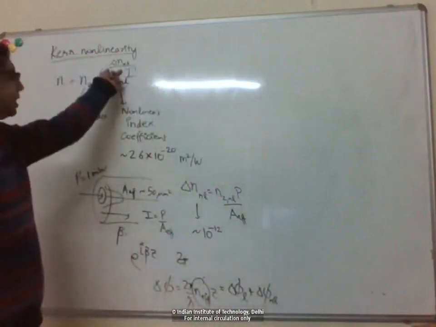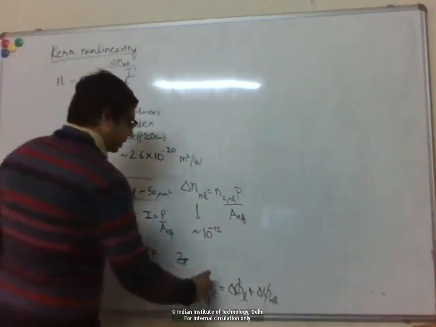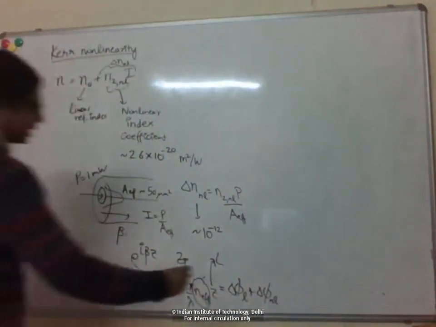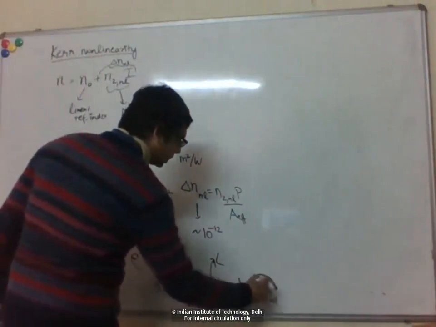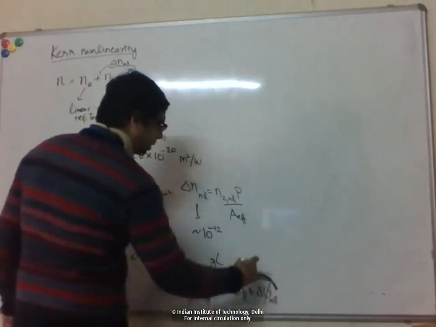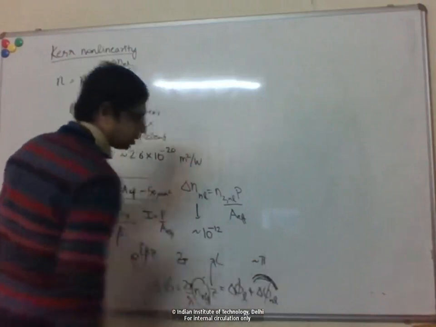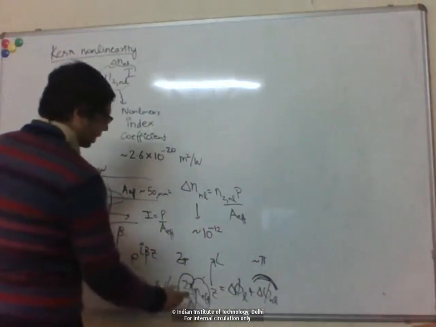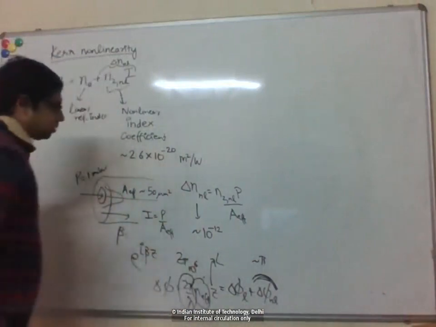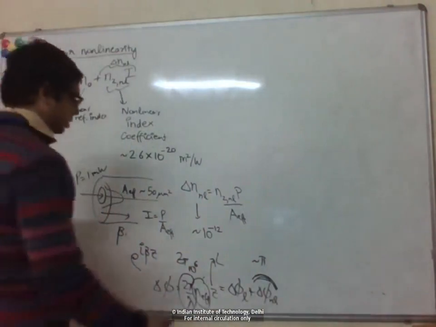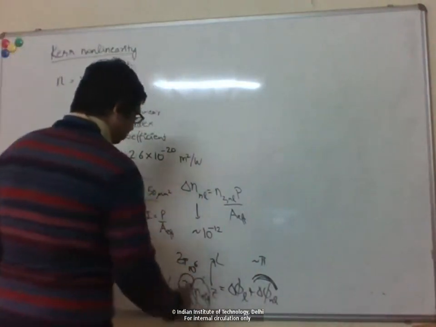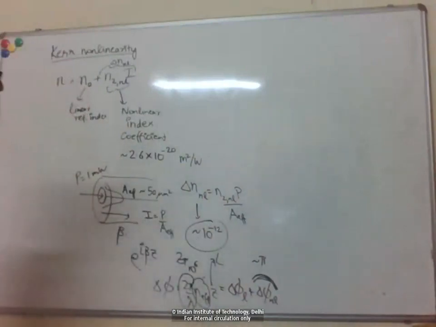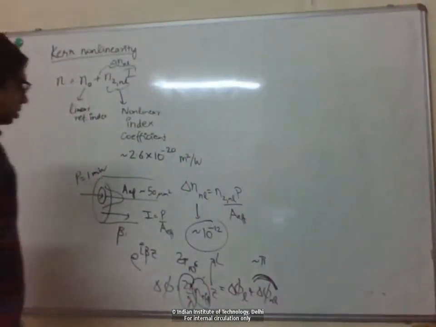Even if the index change is very small, if I'm considering lengths which are really long, kilometers or longer, you can imagine that this change in the phase due to the nonlinear part can easily become, for example, pi. You can calculate: 2 pi by lambda is roughly 10 to the 6, and this delta n is of this order.